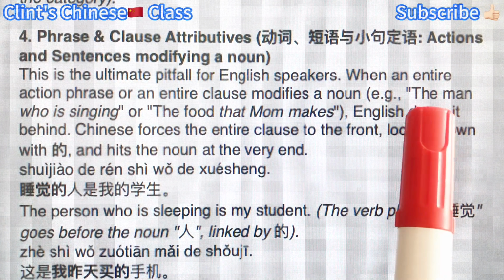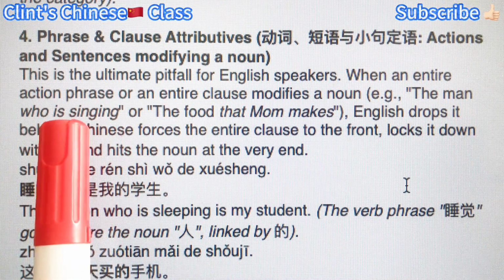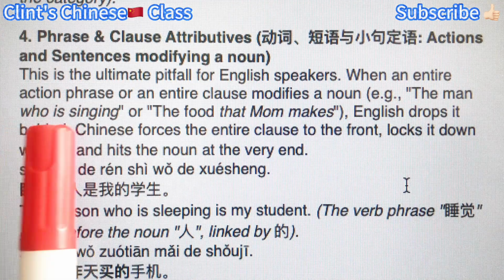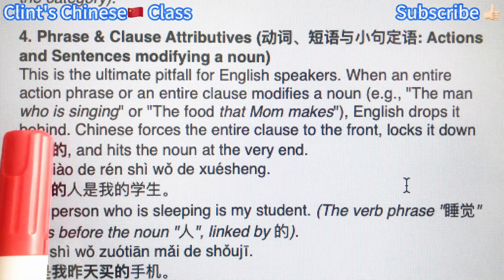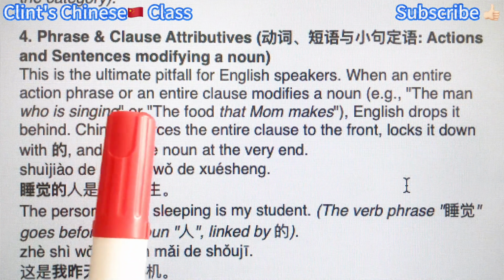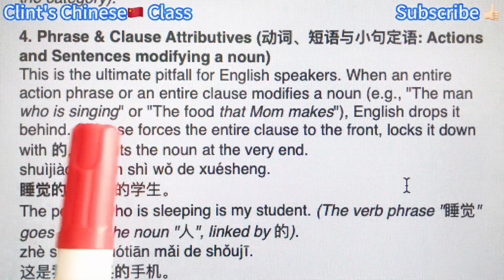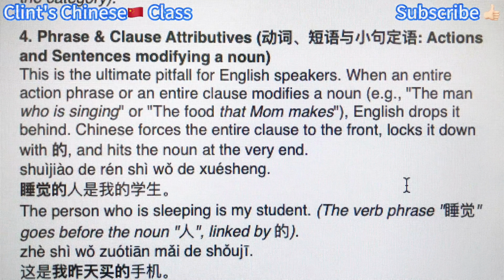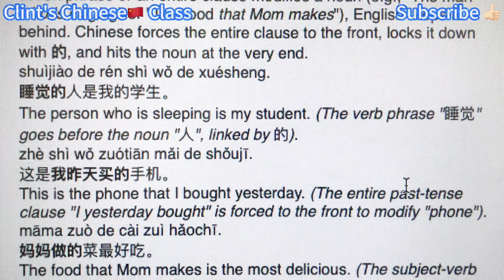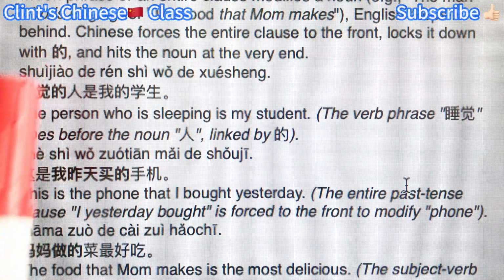Unlike English, when you want to use an attributive, like the man who is singing, you may use the attributive clause or adjective clause and put the clause after the noun, like the food that man makes. But in Chinese, you put all of them before the noun. No matter how long it is, you just need to add the de.